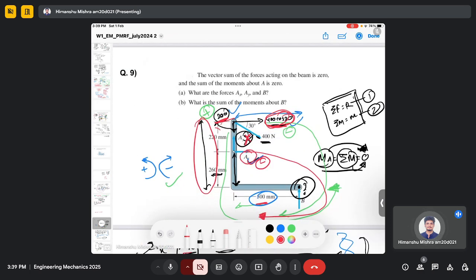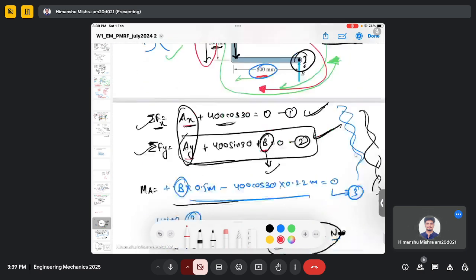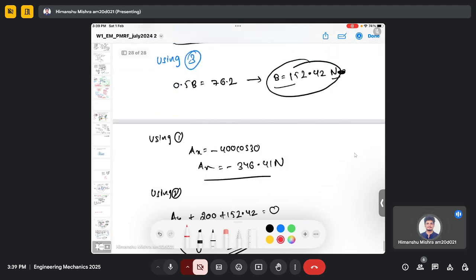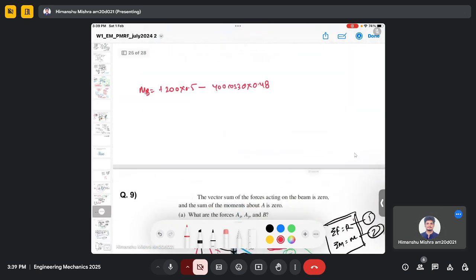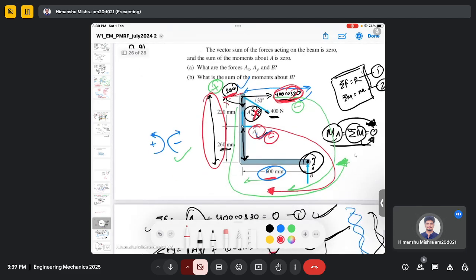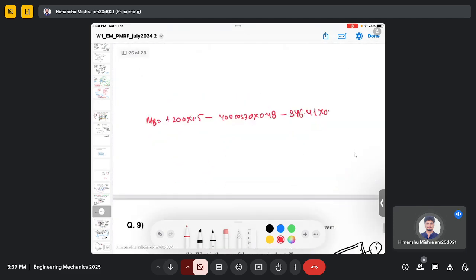And then there is AX, which we calculated, minus 346.41, and it has a perpendicular distance of 260 millimeter, which is 0.26 meter. So this is the summation of moment at point B.